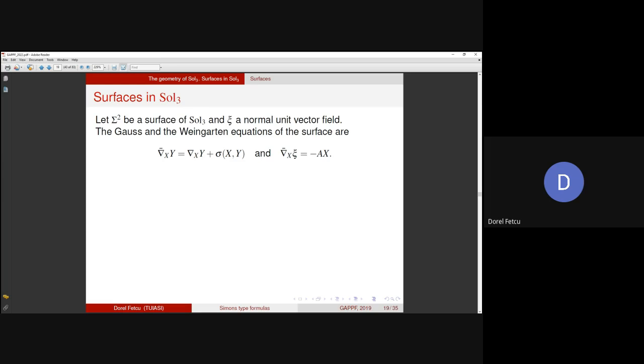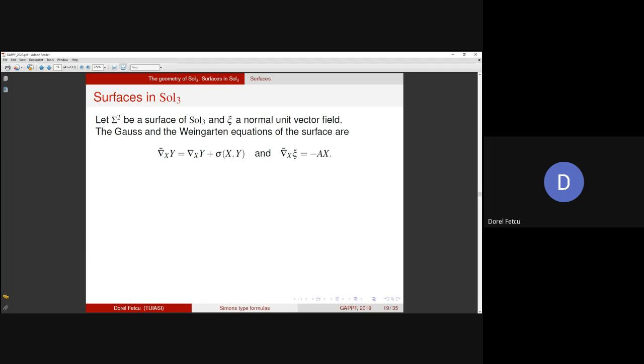And now I would also recall some things about surfaces in Sol, about previous results concerning surfaces in Sol. So let us consider sigma, a surface of Sol, and Xi, a normal unit vector field to sigma.